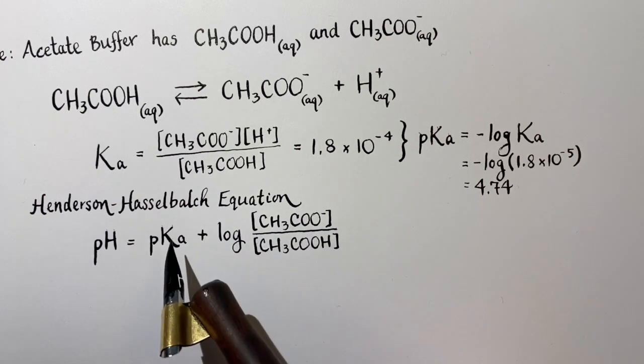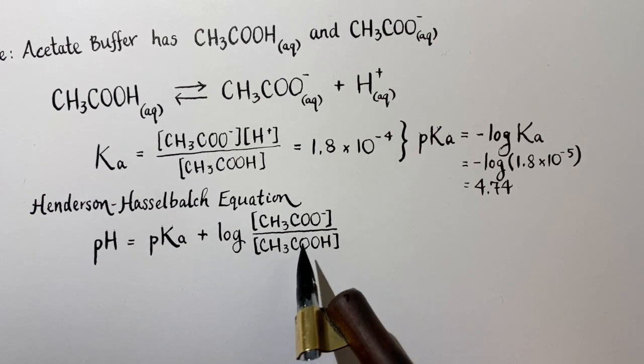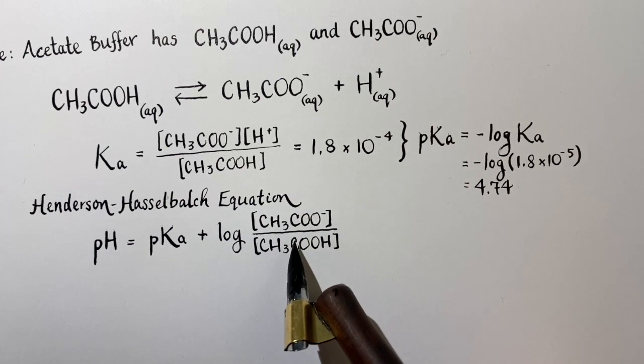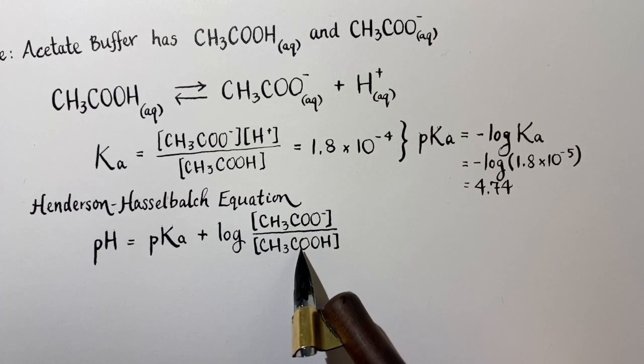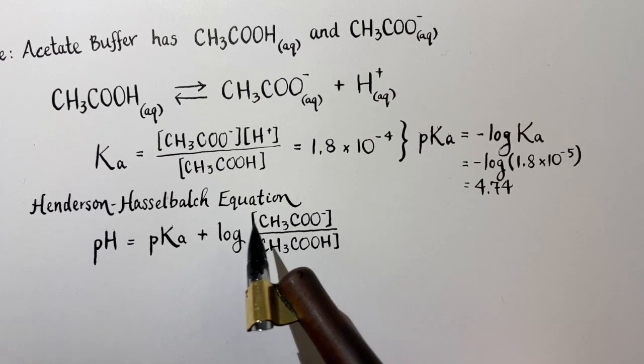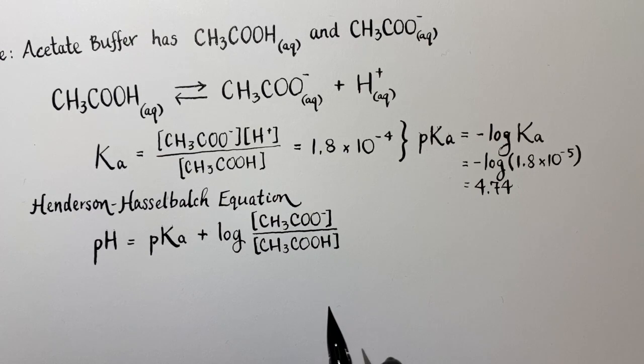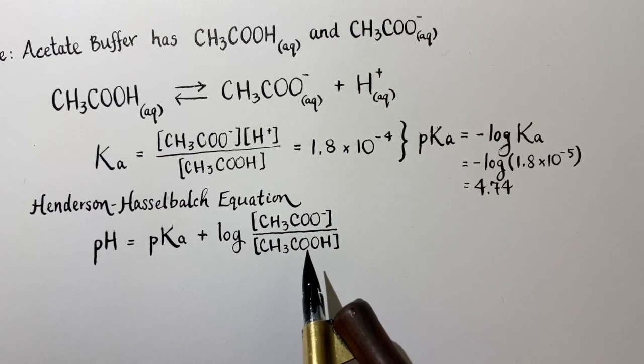Or the final combination, you could know the pKa, and you could mix together a certain ratio of these, and then you could calculate the expected pH from that. Okay, so lots of very useful examples of how you can use the Henderson-Hasselbalch equation.